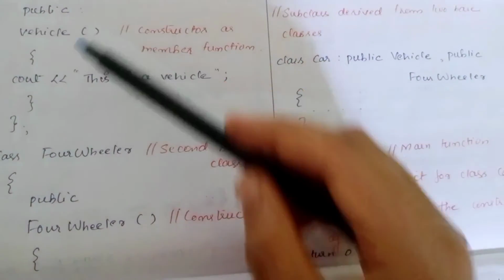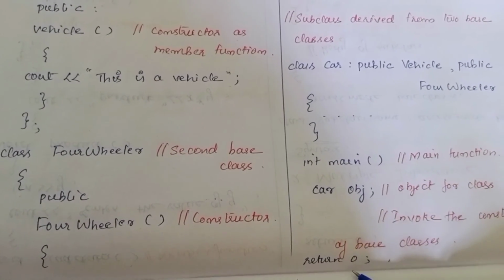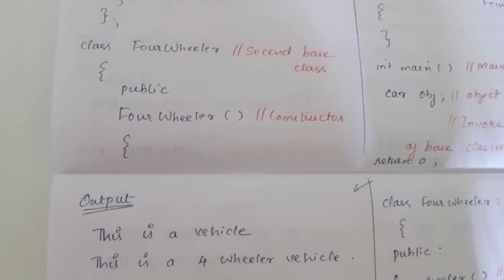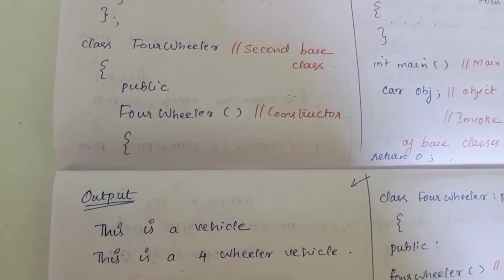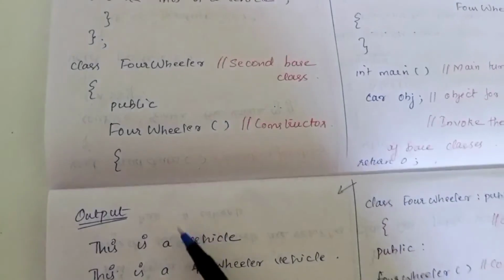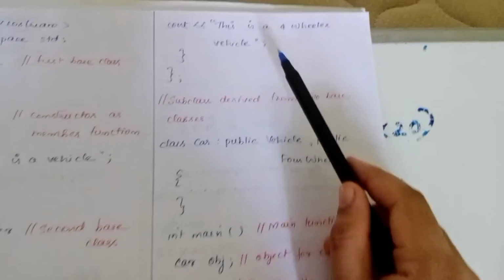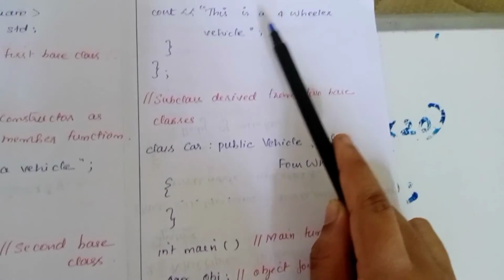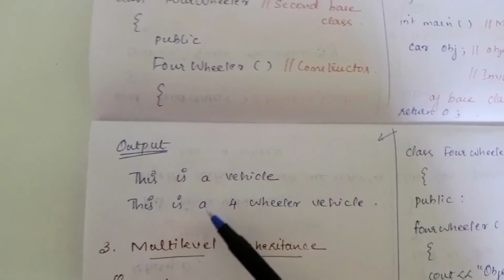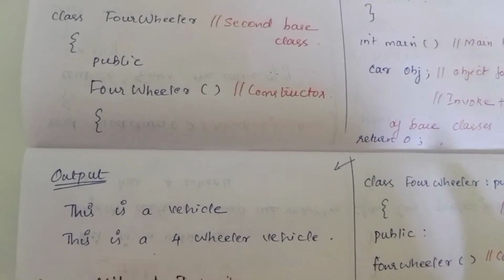These 2 are invoked at this statement. Then return 0. The output looks like this: the first constructor prints, this is a vehicle. The next constructor prints, this is a 4-wheeler vehicle. So this is the output of this program.